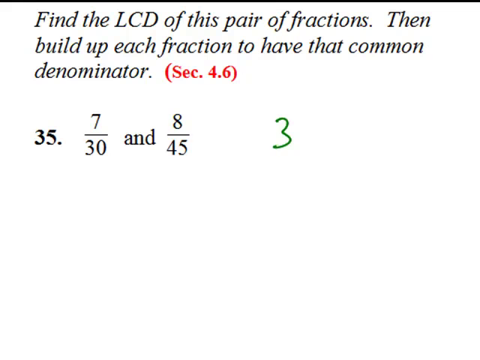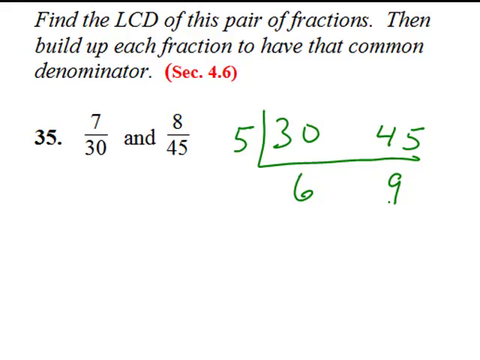Let's use this technique, the division method, to find the least common multiple of 30 and 45. First of all, we see that 5 is a factor of each of them. 5 goes into 30 6 times. 5 into 45 goes 9 times.